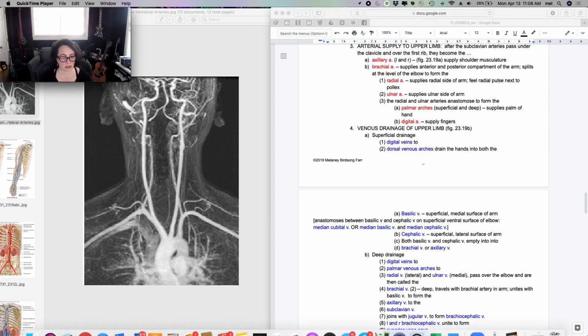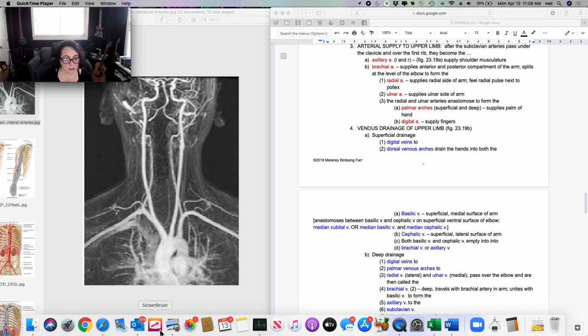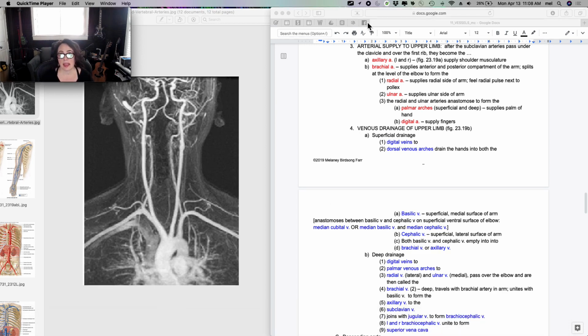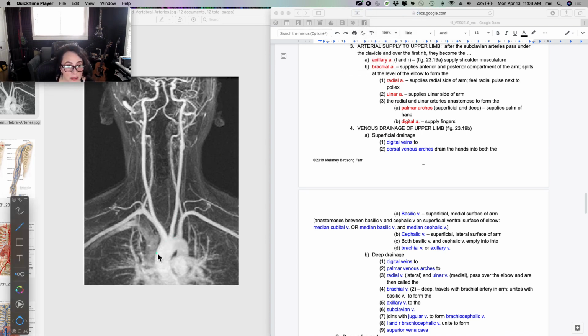Sorry, I forgot to pull up something. That is an angiogram of the blood supply primarily to the brain. I don't know if you can tell, but aortic arch, right? This is the brachiocephalic artery going to the right common carotid, folding in and going to the internal carotid artery.